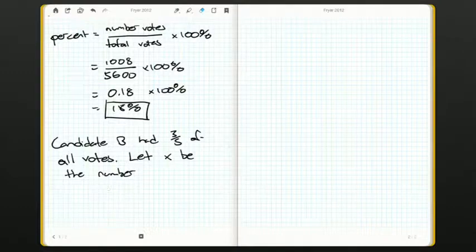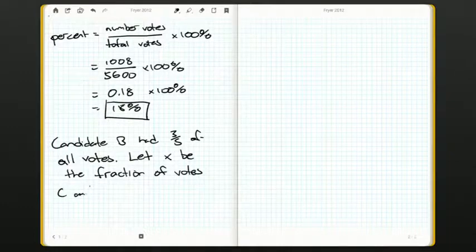And not the number of votes, but let's say the fraction of votes. So 3/5 plus x for C and x for D should give us 1, the total number of votes.